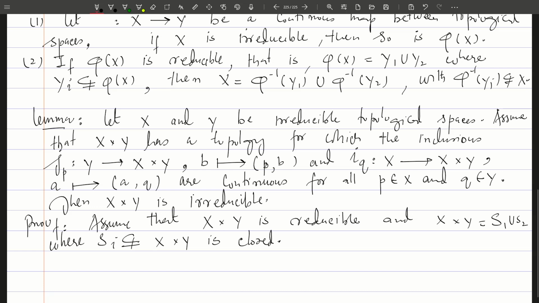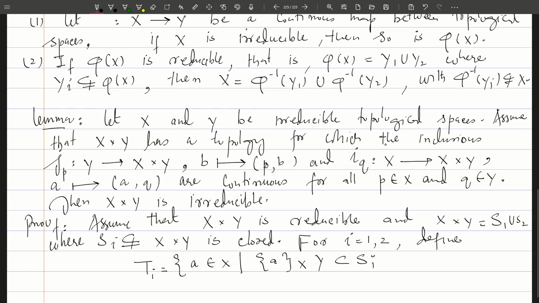Now what we are going to do is, for i equal to 1 and 2, we define Ti to be the set of all elements A in X such that the set A times Y is contained in Si.